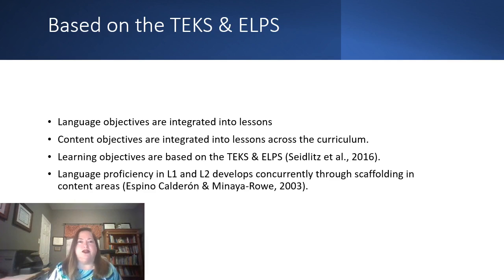Their learning is based on the TEKS in the state of Texas and also the ELPS. The ELPS are the English Language Proficiency Standards. So within the English Language Proficiency Standards, there are several different levels of language acquisition. We look at the beginning level of learning, the intermediate, the advanced, and the advanced high level of proficiency. When we are looking at these different levels of language with the English Language Proficiency Standards, within each lesson we integrate language objectives.